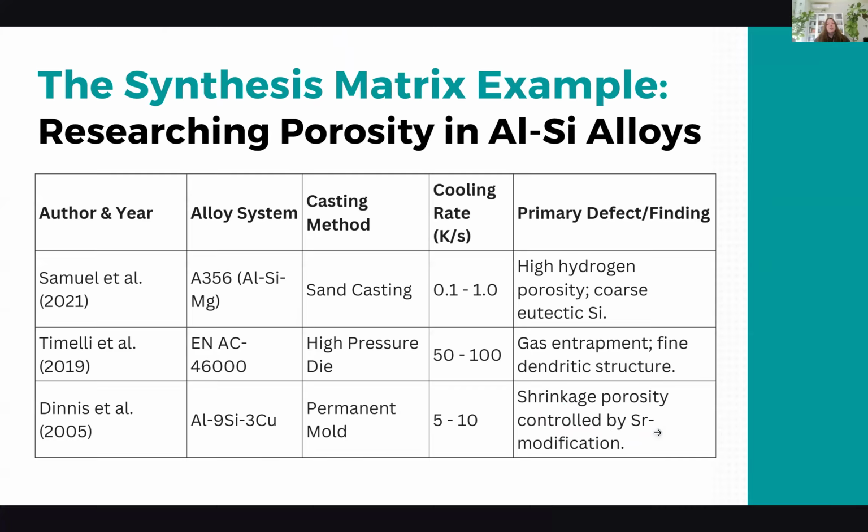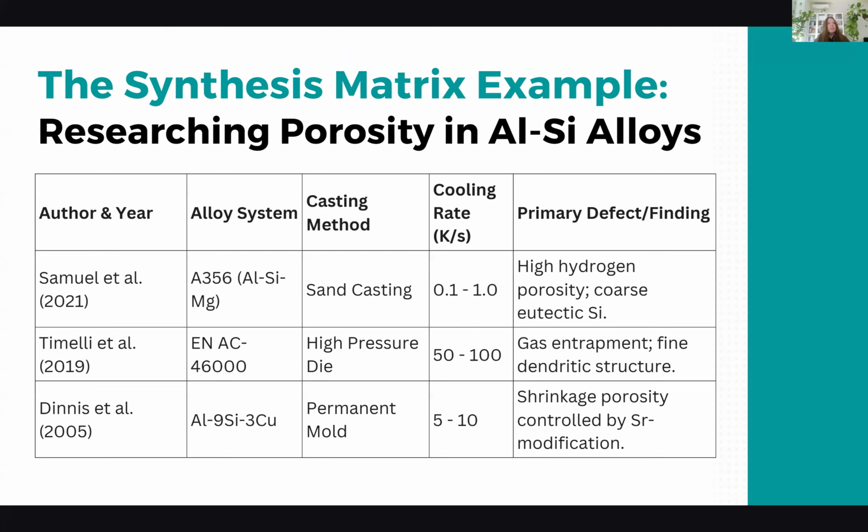So how do you use this type of matrix for your literature review? Once again, you can use the thematic layout or outline and, for example, focus on the casting method.